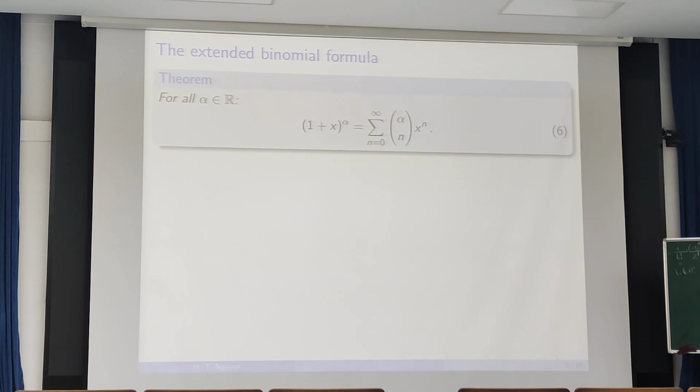You can always write a plus b to the power alpha, if a is different from 0, as a to the power alpha times 1 plus b over a to the power alpha. But for generating functions, we will use this form.